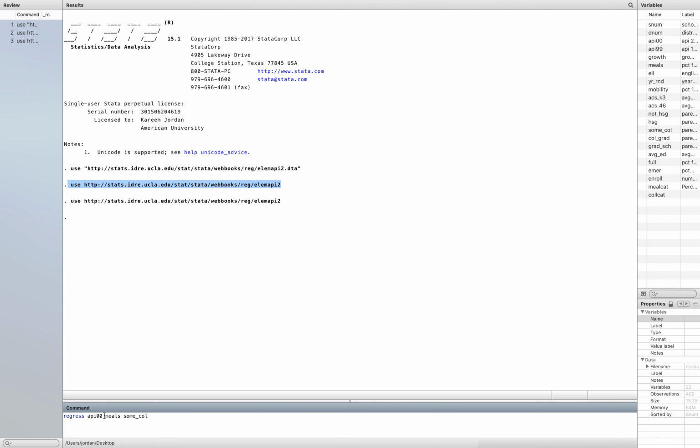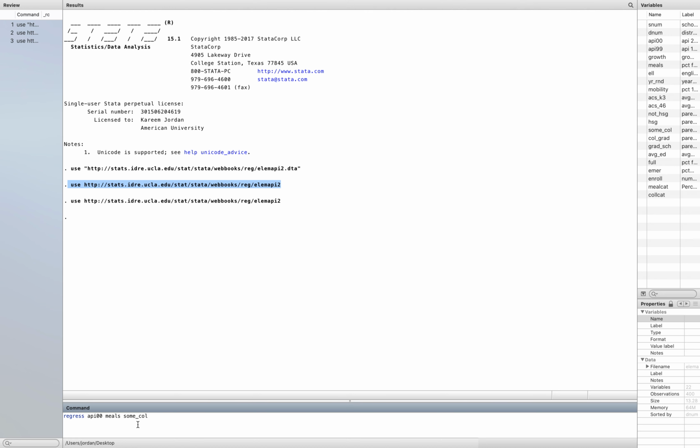And these are scores, I believe they range somewhere between 200 and 800, somewhere around there. The predictors in the model are meals, which is the percent of students in the school who get free meals, and some college, which is the percent of parents who have some college education. So these are the models.